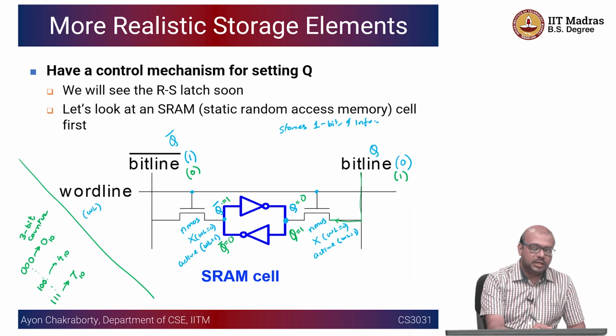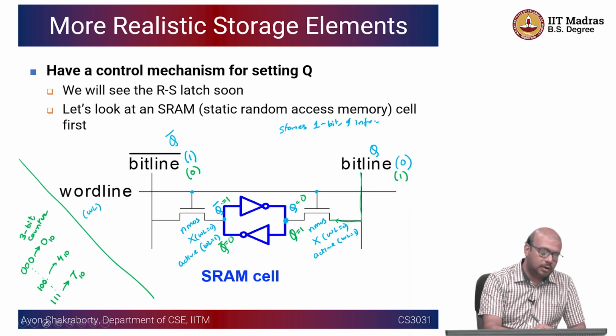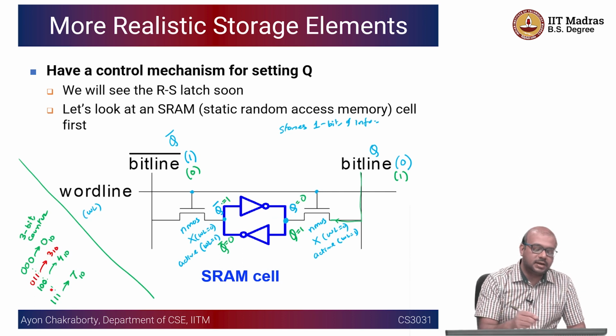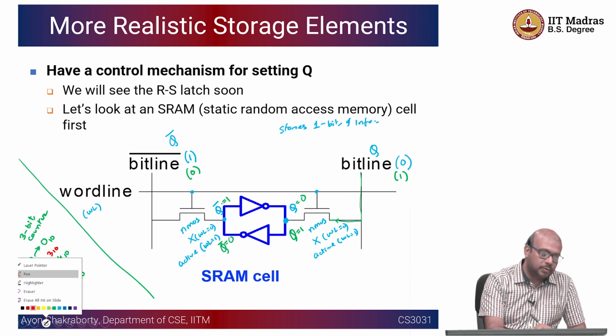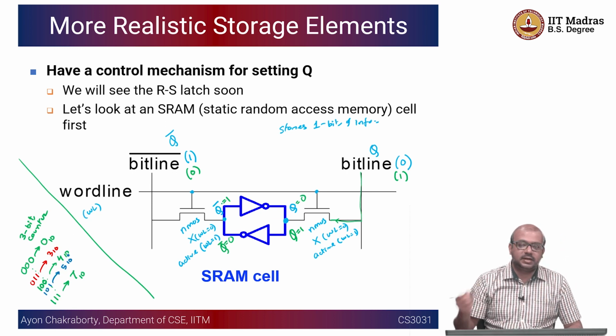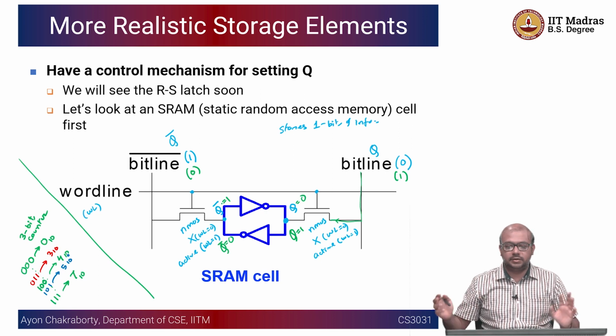So this 4 is dependent on what was the previous output. The previous output was 011, which was 3. If you ask me what is the next output, it will not depend on 3. It will depend on the current output, which is 4. So 101. This is 5. Then 6, then 7. Again, it can go to 0 and so on.